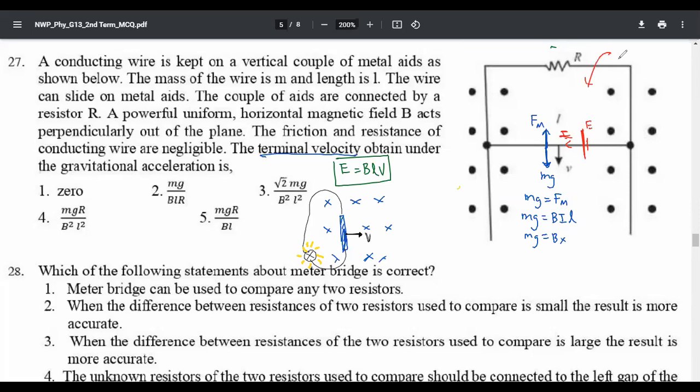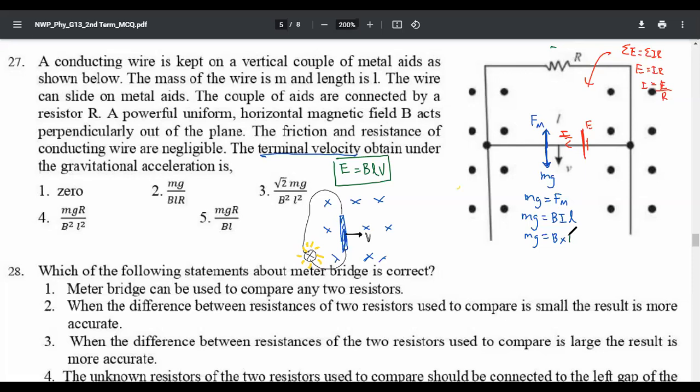Now for this circuit, when you apply sigma E equals sigma IR, sigma E is the EMF induced, IR. So instead of I, you can put E over R. And how do you find E? Using this equation.